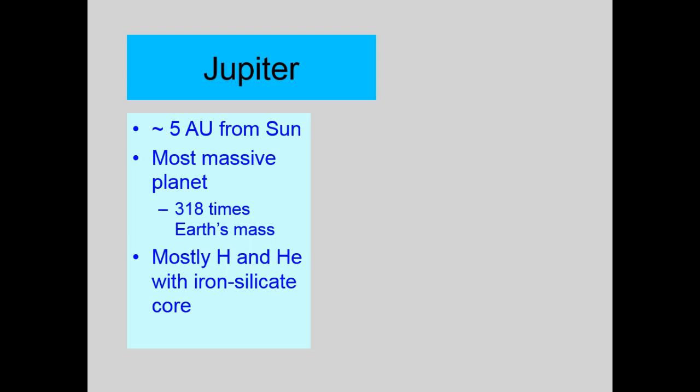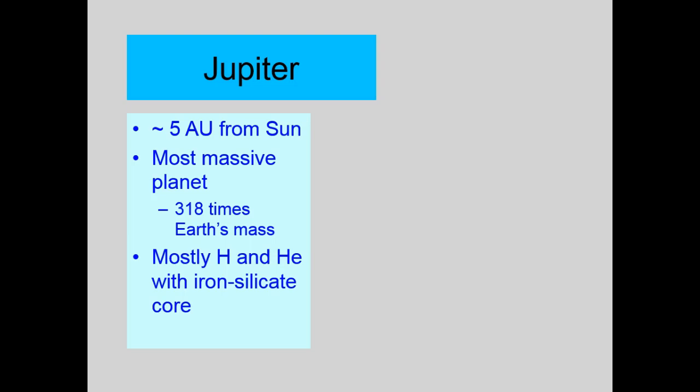So about 5 astronomical units from the Sun, way out there, 5 times the distance from Earth to Sun, is Jupiter. The most massive planet, big time. 318 times the mass of the Earth. Now the Earth is the biggest of the 4 terrestrial planets, and Jupiter itself is 318 times more massive than the Earth.